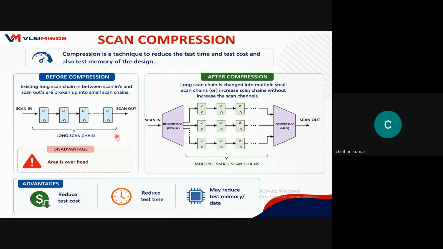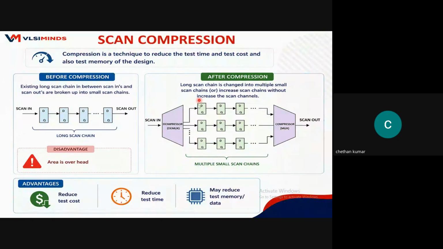Like the project I am handling has 2.5 million flip-flops. I cannot connect all of them in a single chain. I have to divide them into different EDT controllers. Under each controller there will be around 4,000 chains. It all depends on how many scan channels we have.